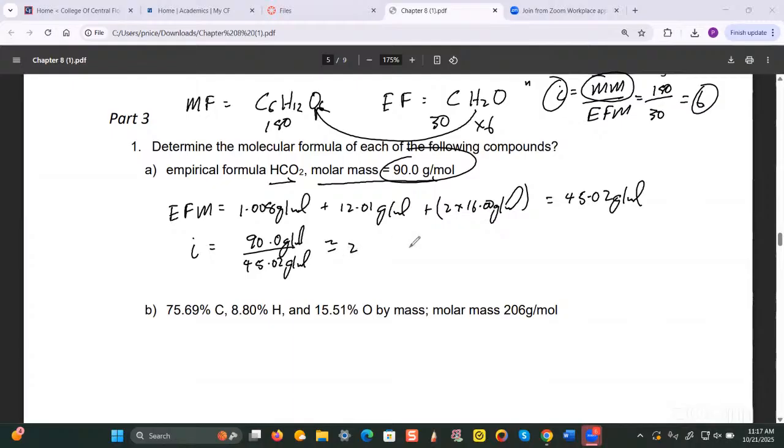So therefore, the molecular formula would be equal to the empirical formula, which is HCO2, and then we multiply all the subscripts in that formula by 2, and the formula becomes H2C2O4. And that's basically how that is done.